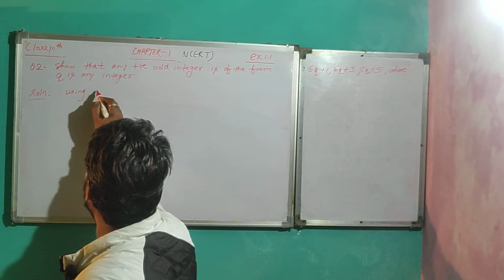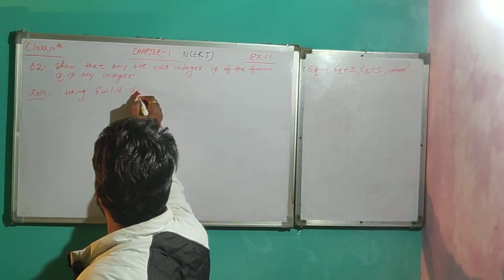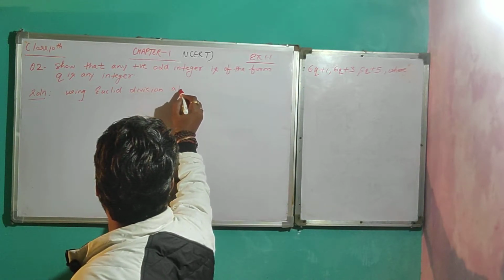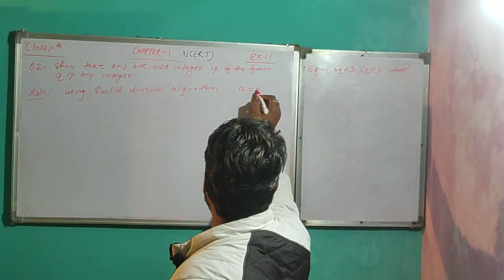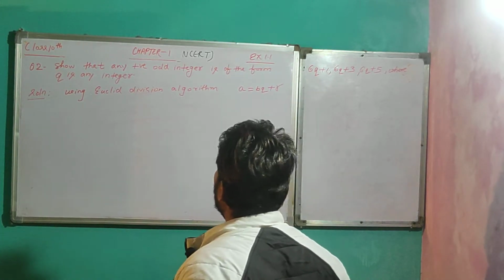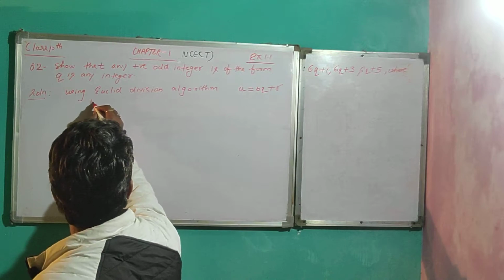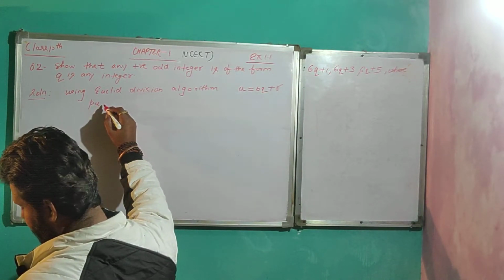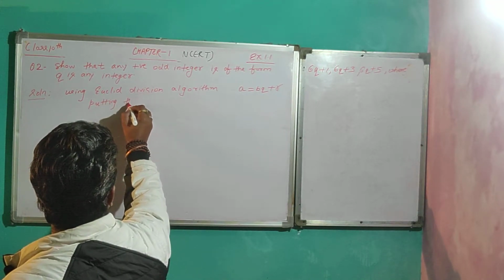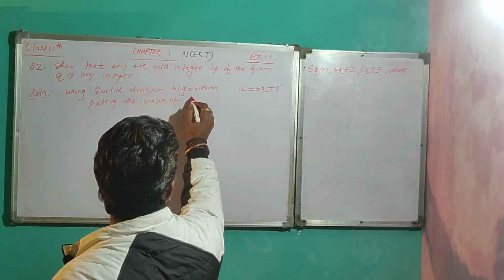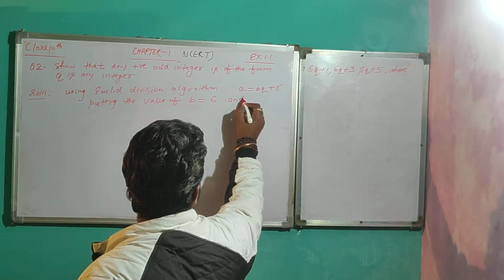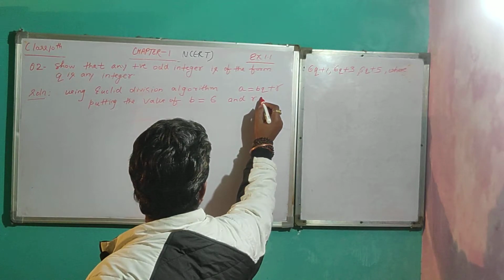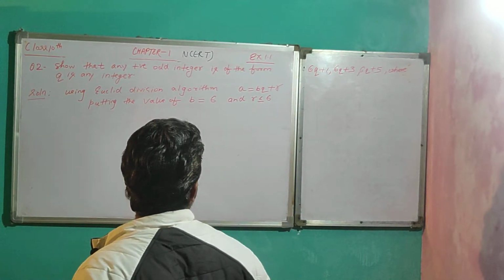Now using Euclid division algorithm, A is equal to BQ plus R. Putting the value of B equal to 6, and R must be less than 6.